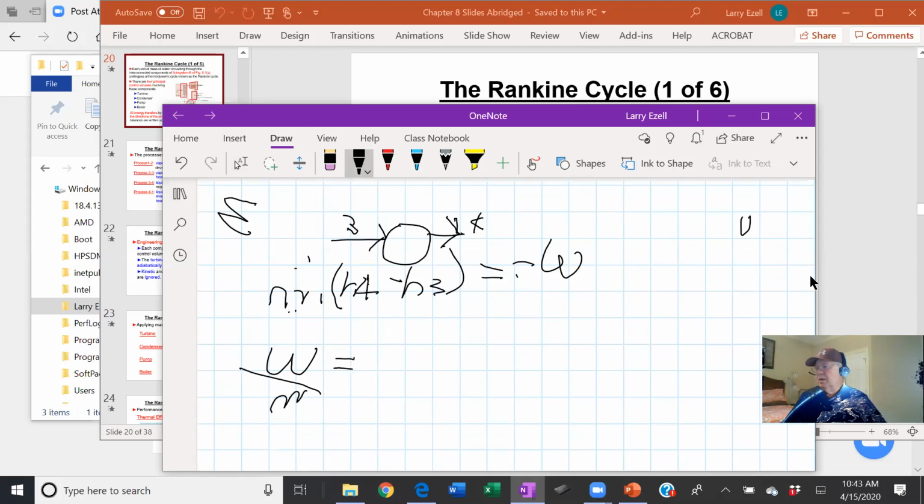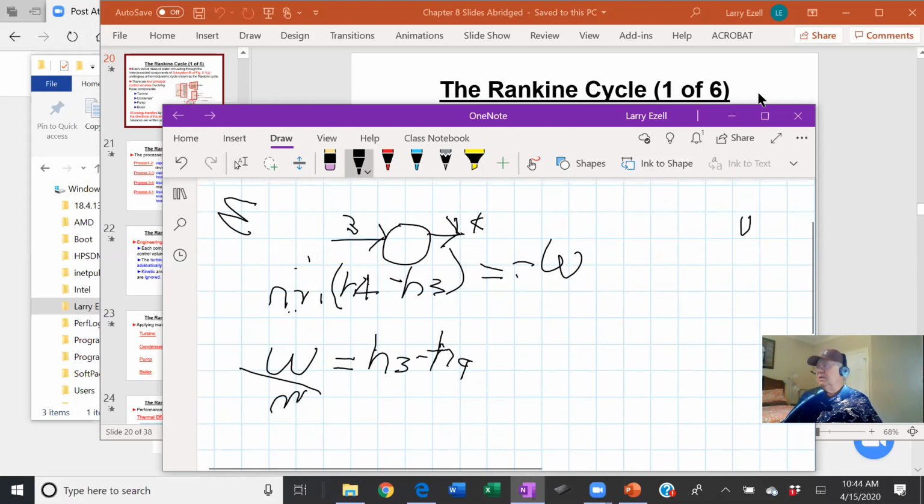We reverse those since there's this negative sign, and what we'd get algebraically is h3 minus h4. And h4 is a higher energy point, so that would come out negative. So you'd get a negative number.